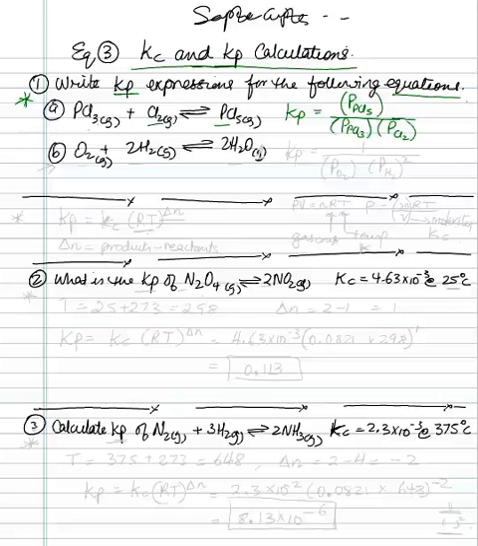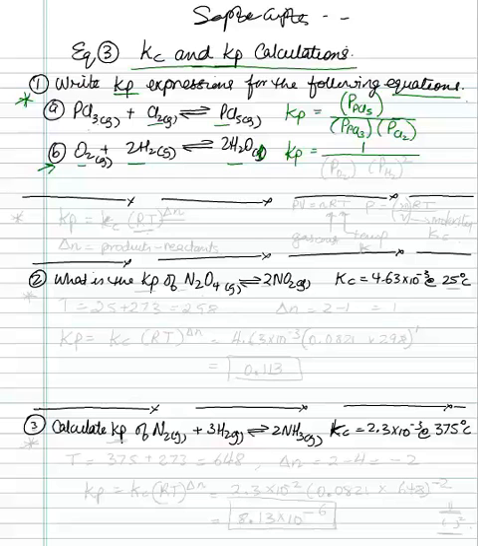The next equation is oxygen plus 2H2 to give us water, as in gas. Excuse me, I think this is supposed to be liquid, my bad. So then the Kp expression here is only going to be for gases. Remember, we don't take liquids or solids in the Kc or Kp expression. So there is no product, which means we can write 1 for that.